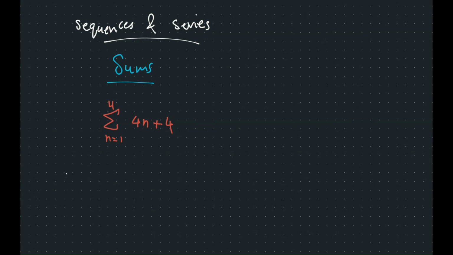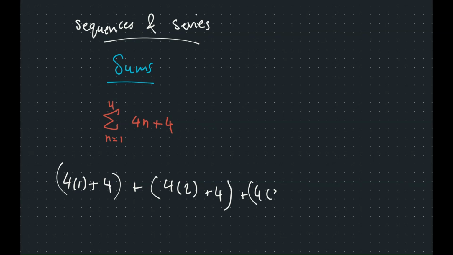So 4 times 1 plus 4. This is the first thing. Plus 4 times 2 plus 4. This is the second thing. And then 4 times 3 plus 4. This is the third thing. And then 4 times 4 plus 4. This is the fourth thing.